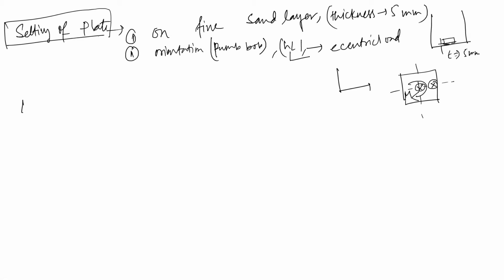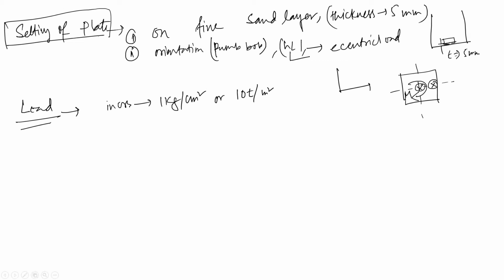Now we talk about load, how to apply load. Generally, we increase the load at a rate of 1 kg per centimeter square. Otherwise, it is equivalent to 10 ton per meter square.